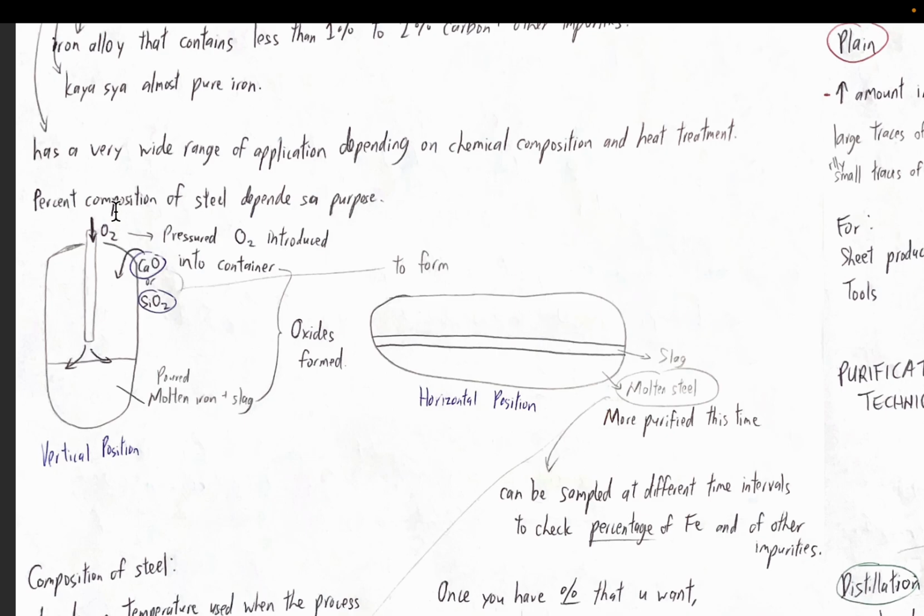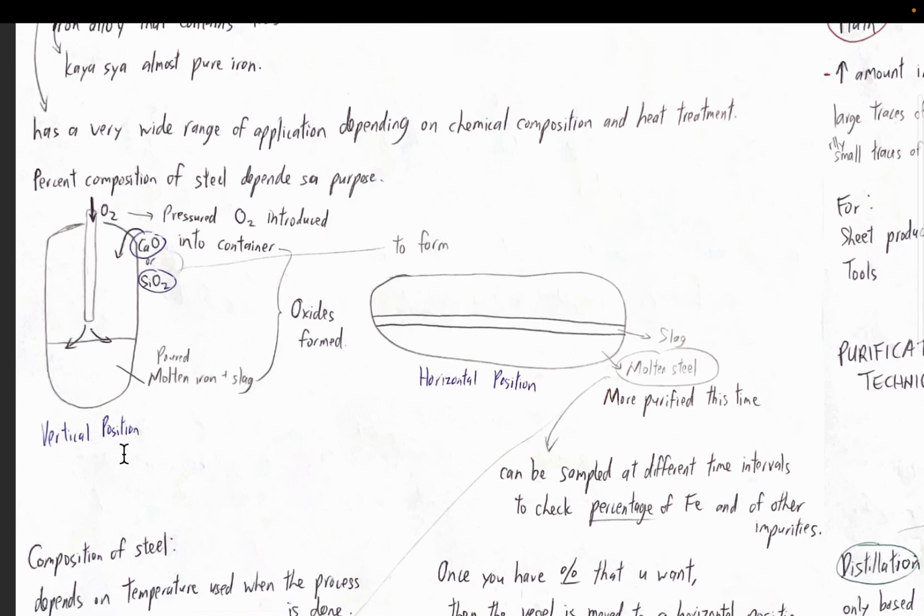If you introduce oxygen to it, oxides form. Pressured oxygen is introduced into the container, and CaO or SiO2 is placed inside. I'm not sure what this means or what it implies. It says here to form what? We might find out later.